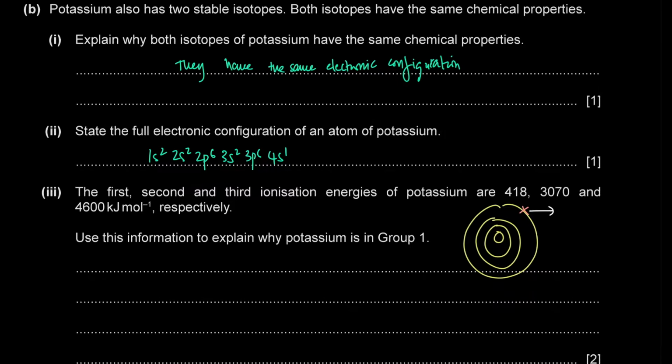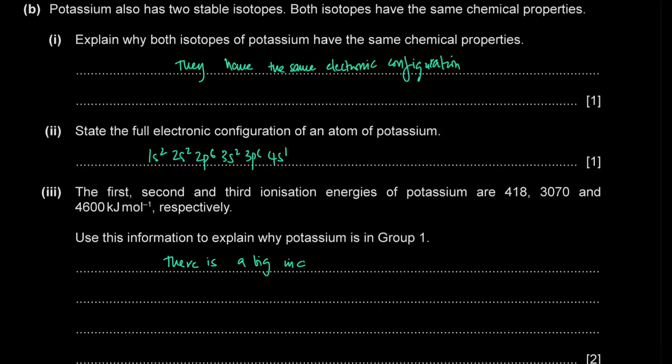Okay, so what we can say over here is that there is a big increase or jump from the first to the second ionization energy, which suggests that there is only one valence electron.